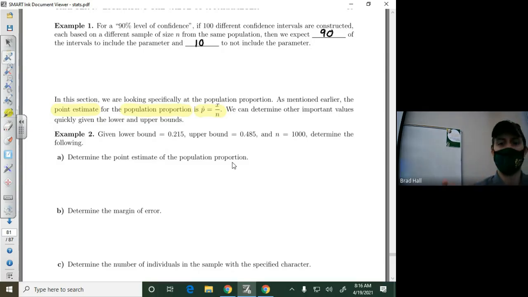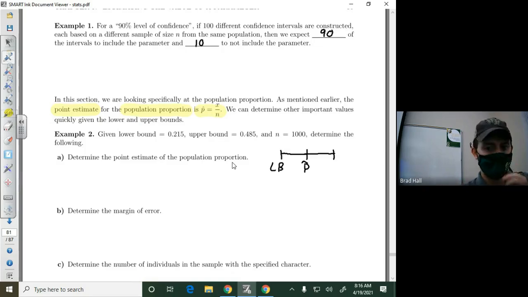Normally, visually, the point estimate is right smack in the middle. The lower bound is to the left, and the upper bound is to the right.